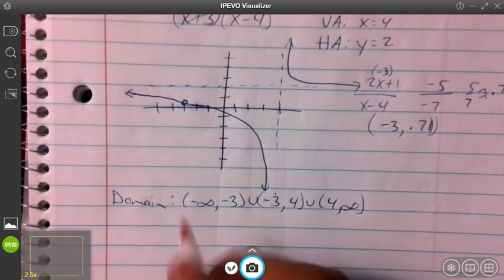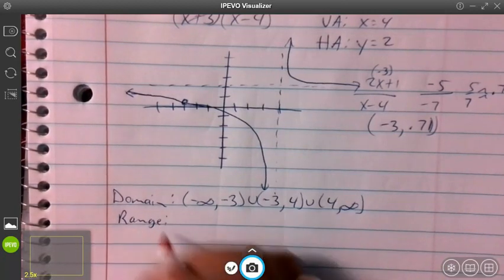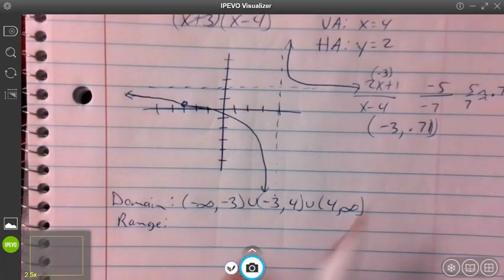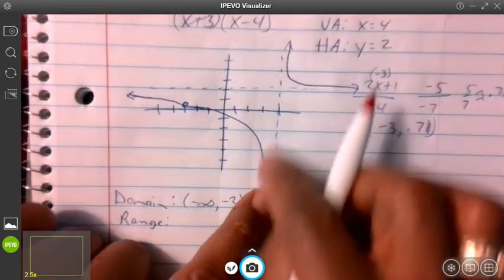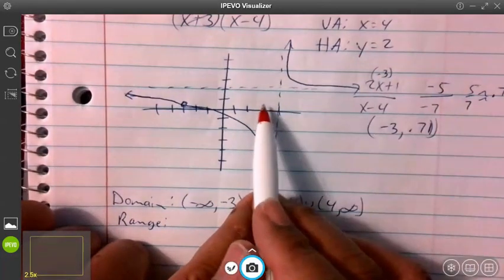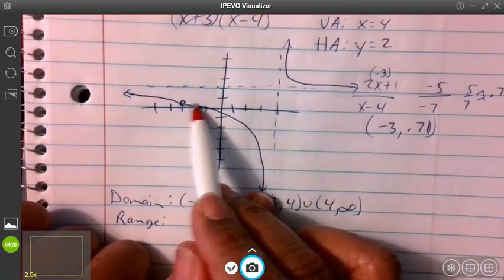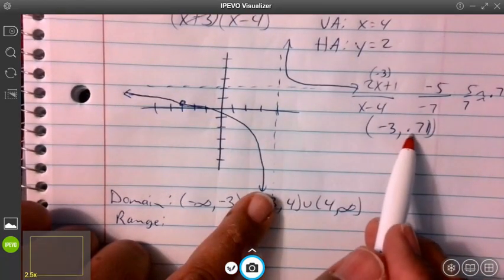So now let's do the same thing for our range. Again, think of it just like your measuring tape. Are you measuring just how far it goes? So my range from bottom to top, I'm going to go from negative infinity to this point. How high is this point when we get to the hole, from that y coordinate? It'll be 0.71.